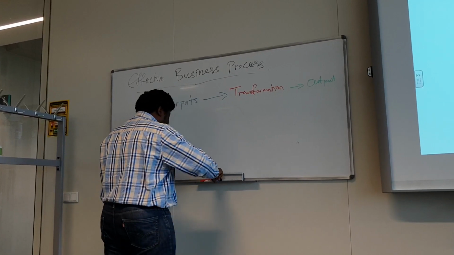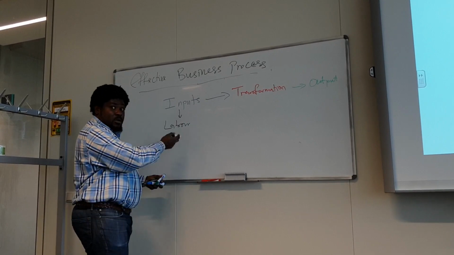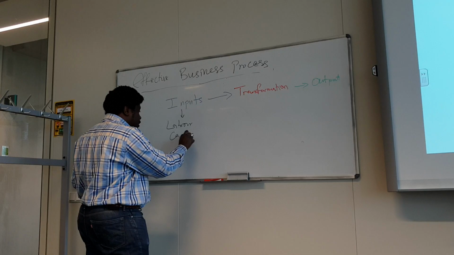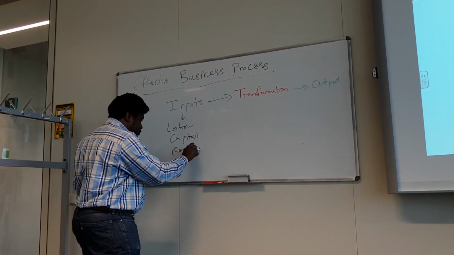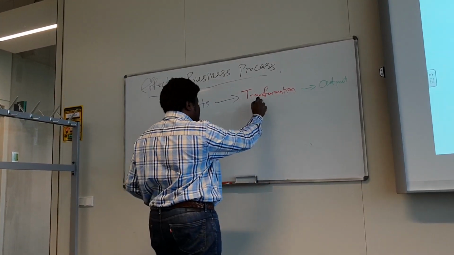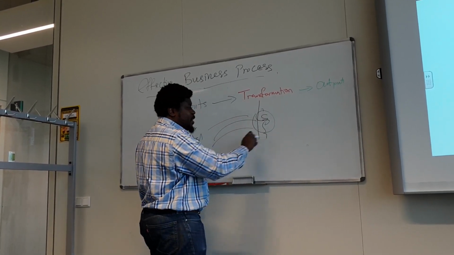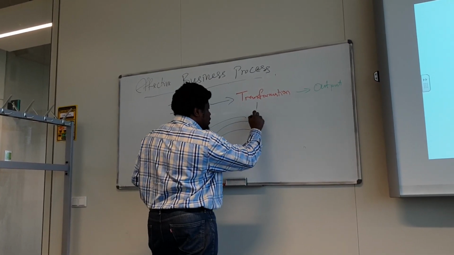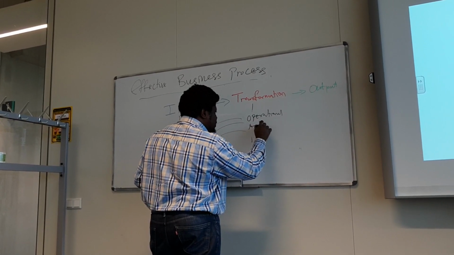Examples of the input could be labor, this personnel, human resources. It could be capital. It could be resources. These could be examples of inputs. This is being transformed here through operational activities.